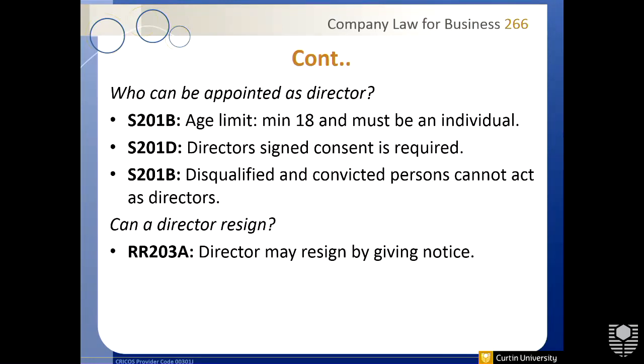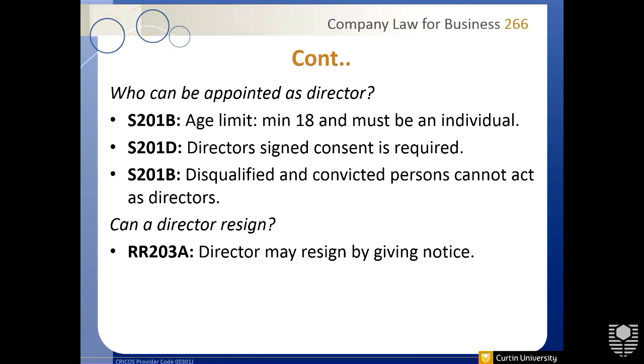Section 117. What does it say? The requirement for registration of a company. So you have to attach all these forms with your Form 201, which you're submitting to ASIC to register a company. Now, 201B talks about disqualified and convicted persons.